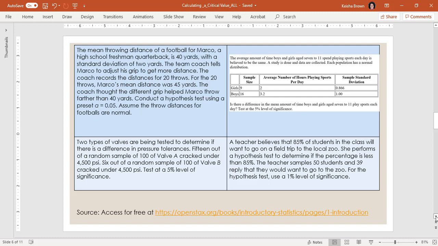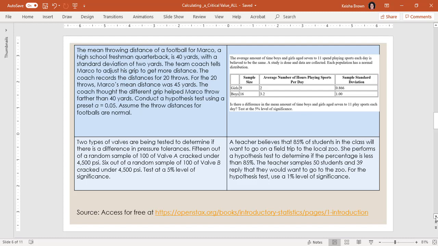I have 4 examples, and what you'll want to do is to pause this video. You want to pause the video, read through these 4 examples, and then identify the most important pieces of each of these problems. So the most important pieces are, number 1, is this a mean or a proportion problem? Number 2, what type of tail test do you have?